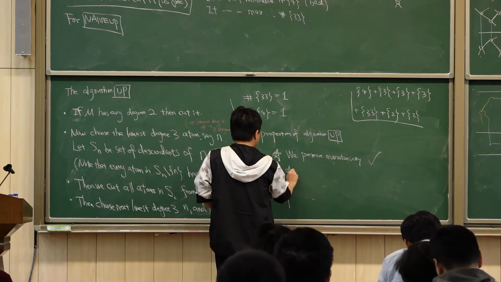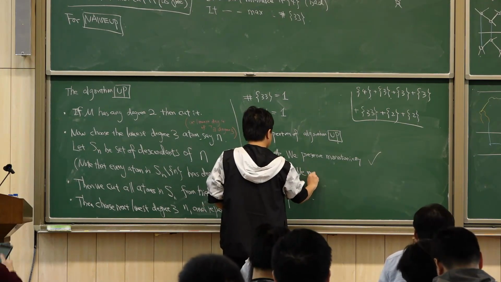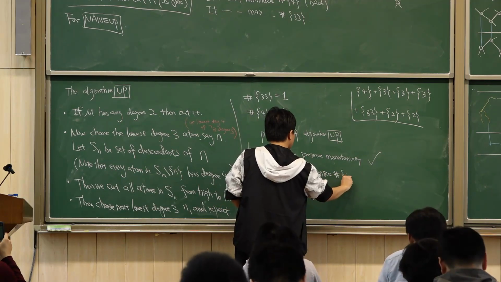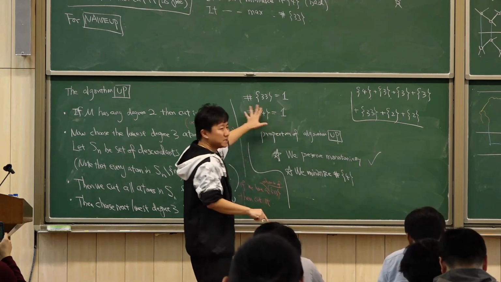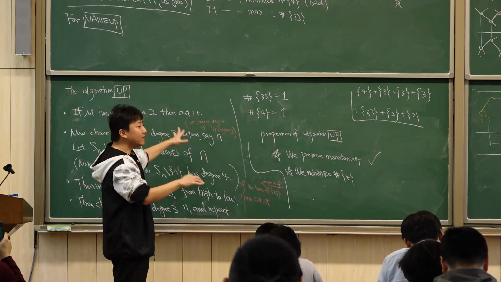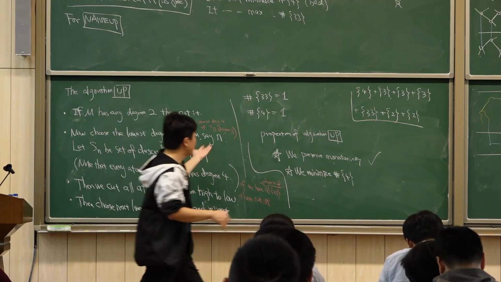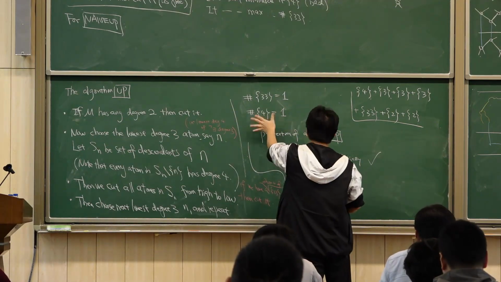We do minimize the number of degree 4. This one degree 4 is unavoidable because in the very beginning, everything is degree 4, so you cannot cut degree 3, you have to cut degree 4. But this minimizes it, you only have 1.